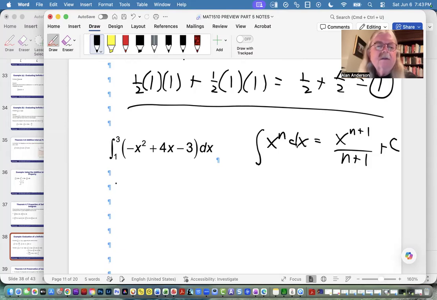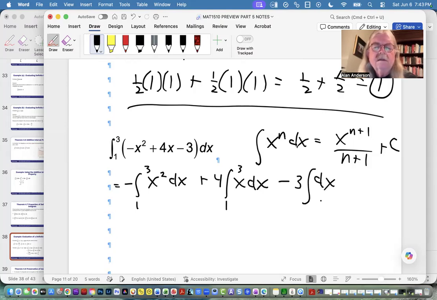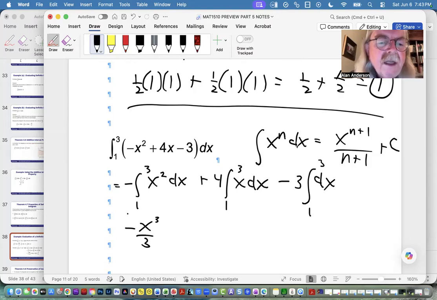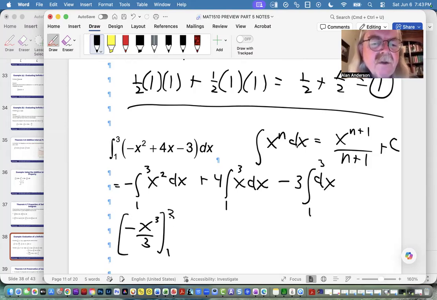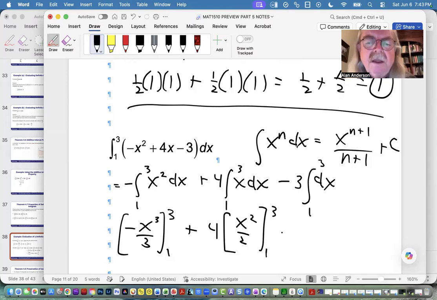And so this is going to give us, okay, now this first one is just going to be negative x cubed over 3. And in each case, we're evaluating it from 1 to 3. Now the integral of dx is just x.